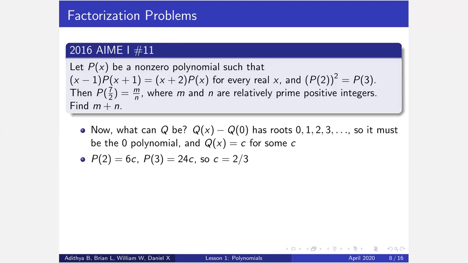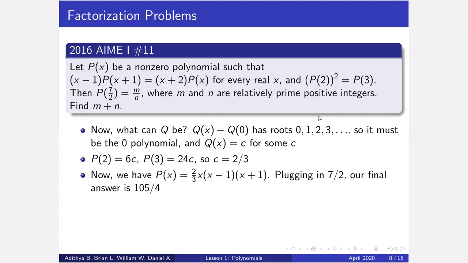Wait, no, 105 over 4. Yes, 105 over 4. Now we just have to find 105 plus 4, which is 109, and that's the answer.